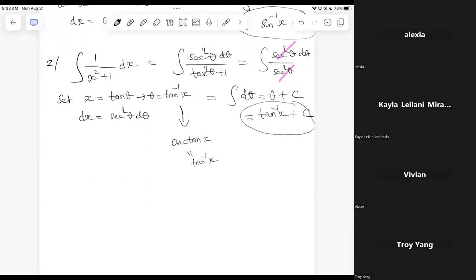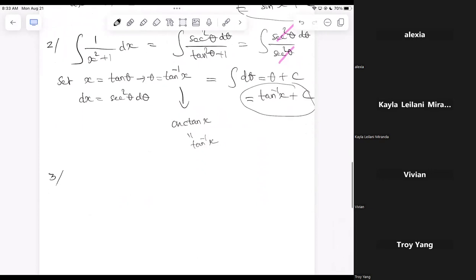If you have no question, let's move to the other example so it can make more sense. If I give you this one, the integral from 0 to 1 of 1 over 4 minus x squared dx.